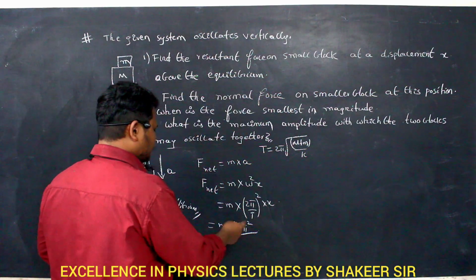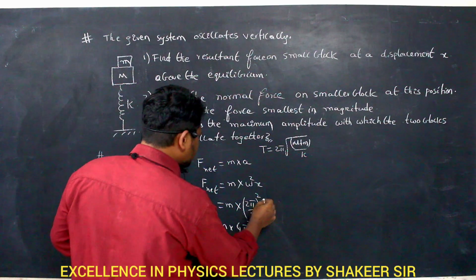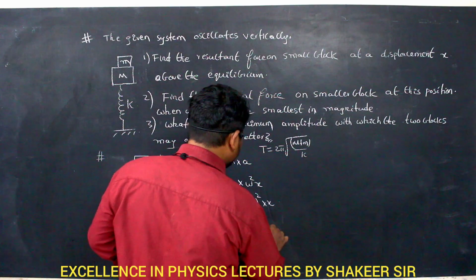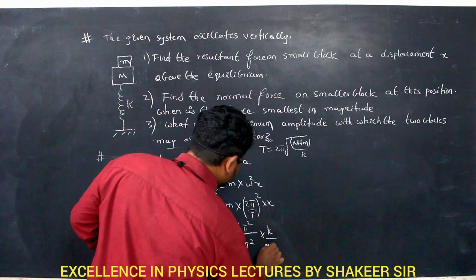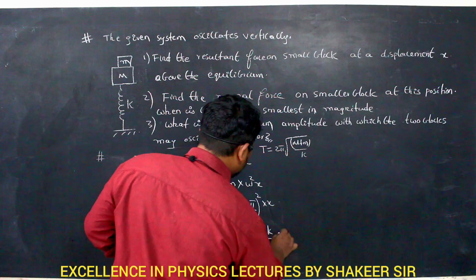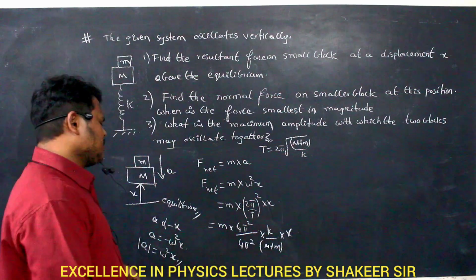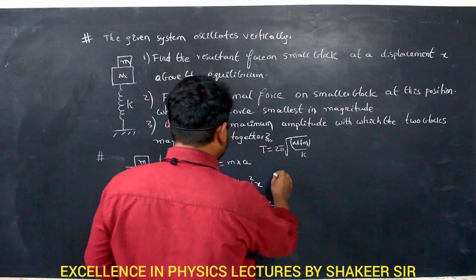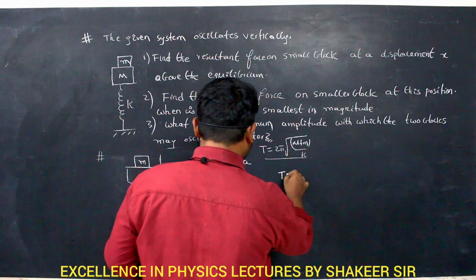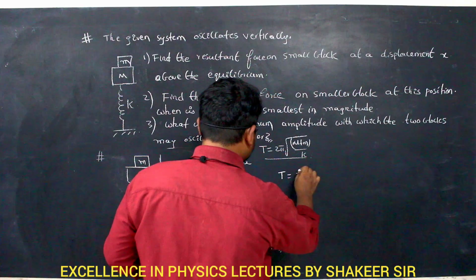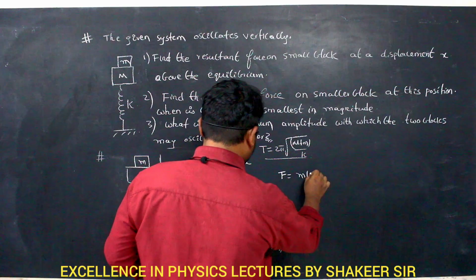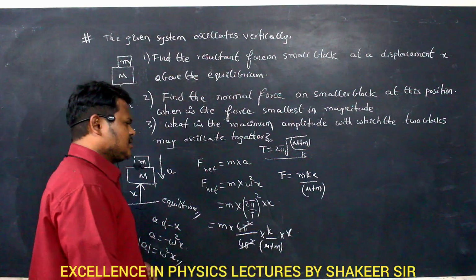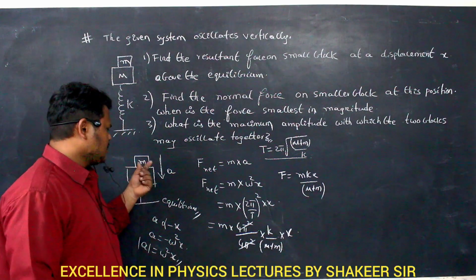So T square is 4 pi square into (M plus m) by k, and these values will go to the numerator. So 4 pi square into k divided by (capital M plus small m), multiplied by x, times m. So this is the force acting on this small m. Therefore, the total value of force, F, is equal to m k x divided by (m plus capital M). This is the net resultant force acting on the small m.